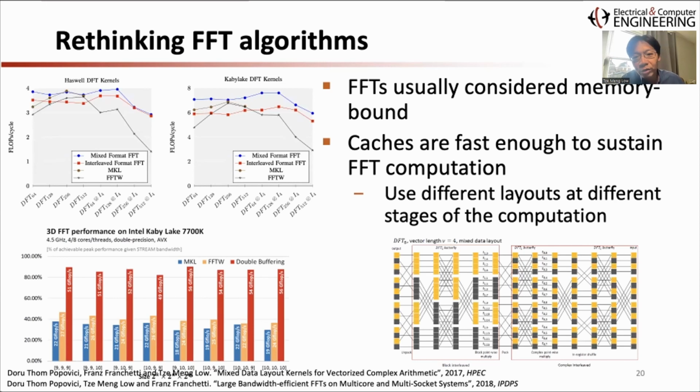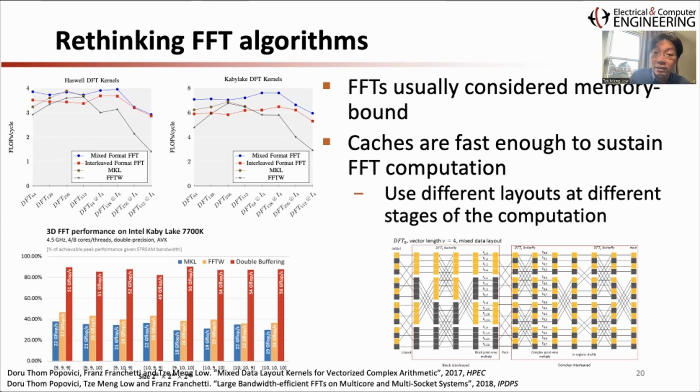And you see, if you use all the different things like different layouts and putting data in the right levels of the memory hierarchy, you can get close to 4 floating point additions every cycle. And similarly for the Kaby Lake, you can get 7 out of the 8 floating point additions every cycle. So for FFTs, if they're in the correct level of the memory hierarchy, the caches and memory systems are fast enough to make sure that you get close to peak performance.